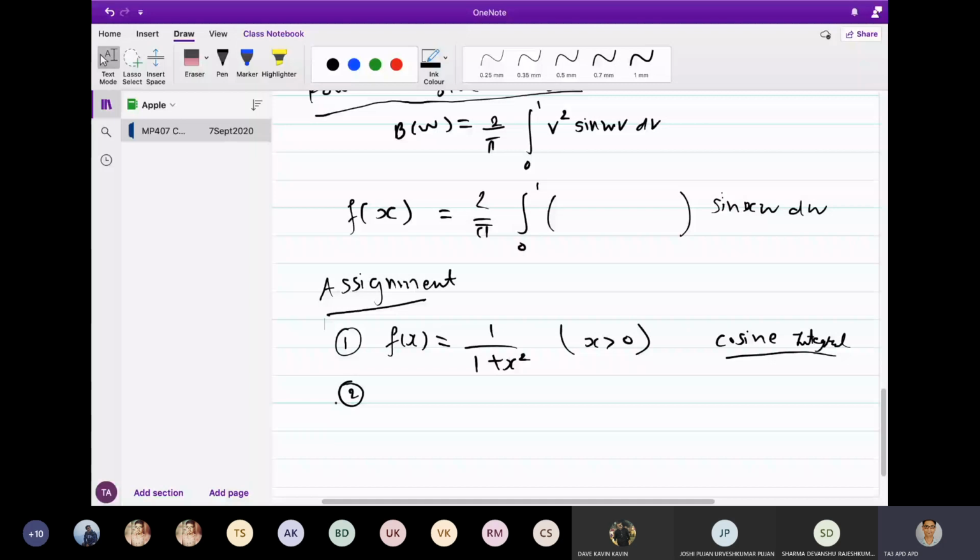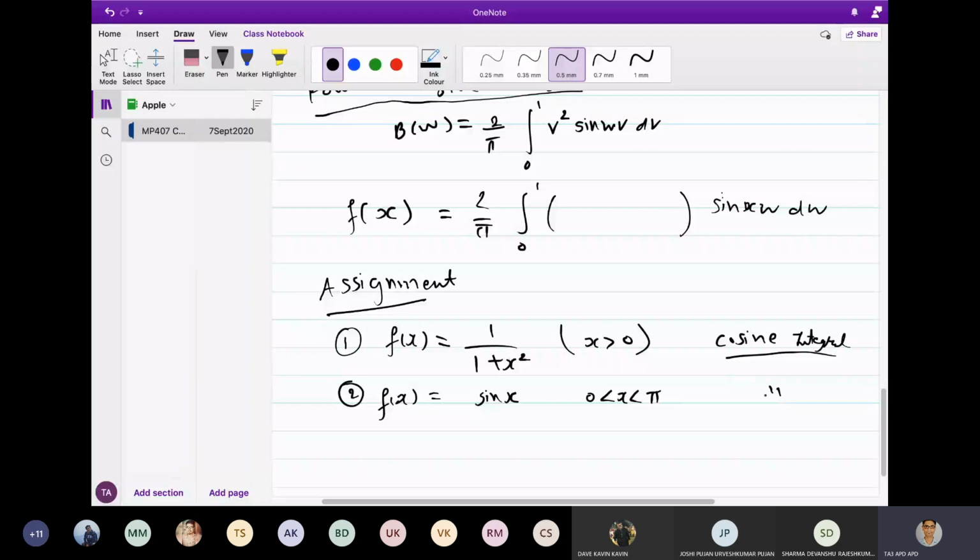Then the second one, f of x equal to sine x between 0 less than x less than pi.